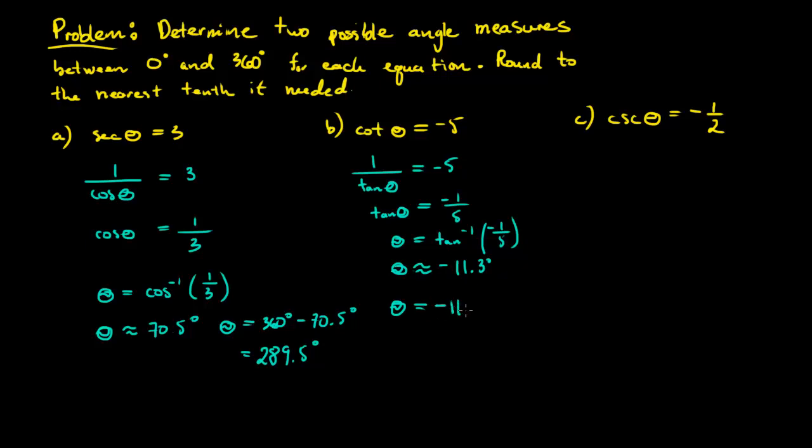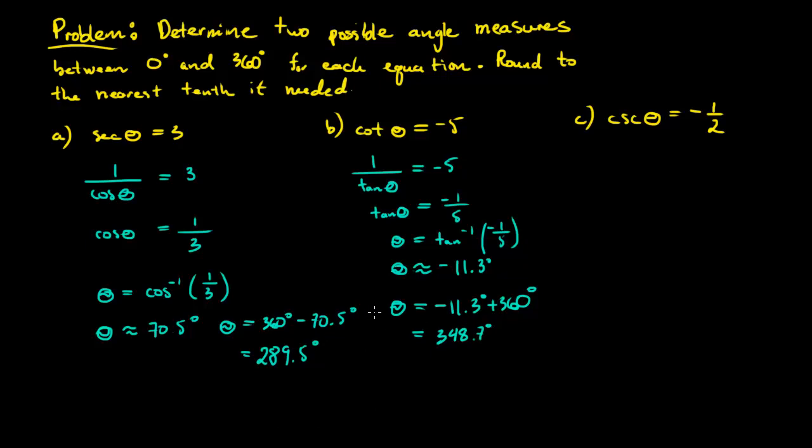So it's -11.3 degrees plus 360 degrees, which is equal to 348.7 degrees.